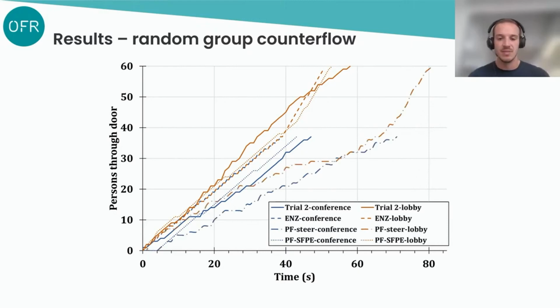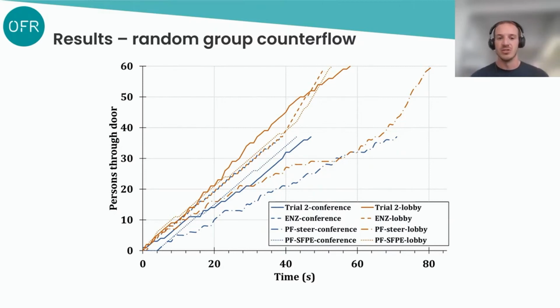The next takeaway here, if we look at the steering mode in Pathfinder, we see significantly protracted flow through the door of those two new lines that kind of tail off to the right hand side. Again, we do see the same inflection on the brown line. But yeah, from reviewing the visualization results within Pathfinder, the agents can be seen colliding with one another and taking a significant period of time to negotiate the collision, which results in the door becoming blocked essentially for small periods of time until that collision can be negotiated.